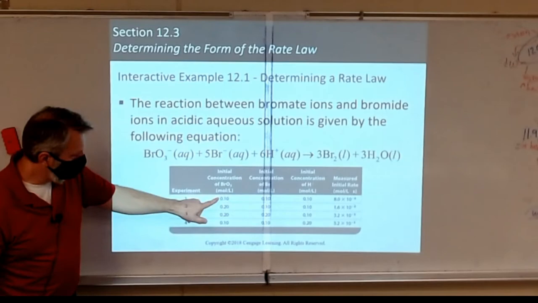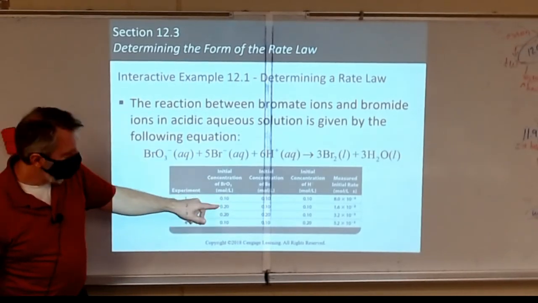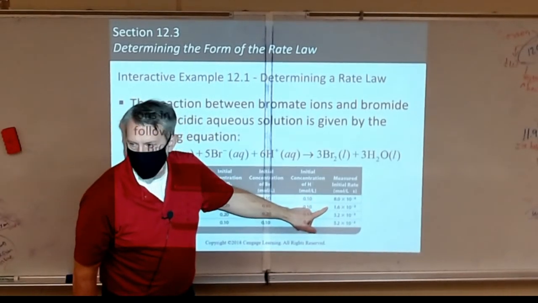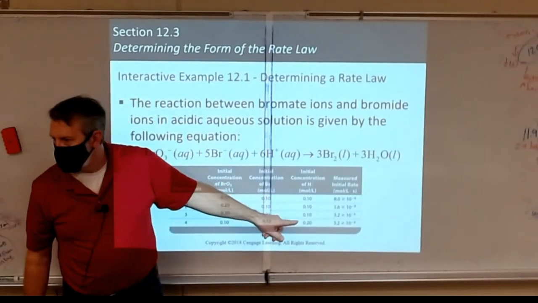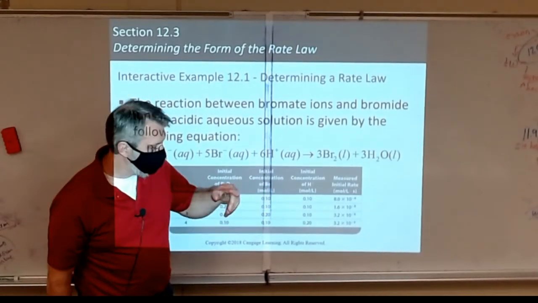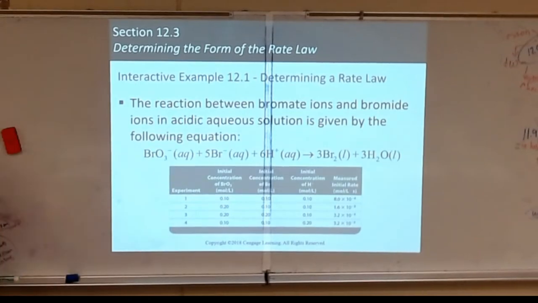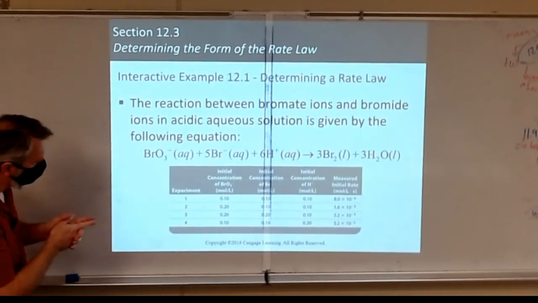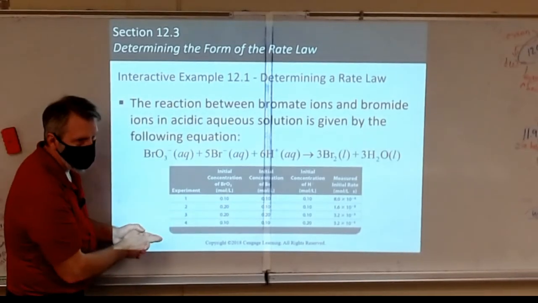What did I do to the concentration of this one? Doubled. What happened to the rate? Y'all get that it doubled? Oh, okay, I see. Exponents, yeah, exponents are fun. All right, let's look at the difference between 2 and 3.